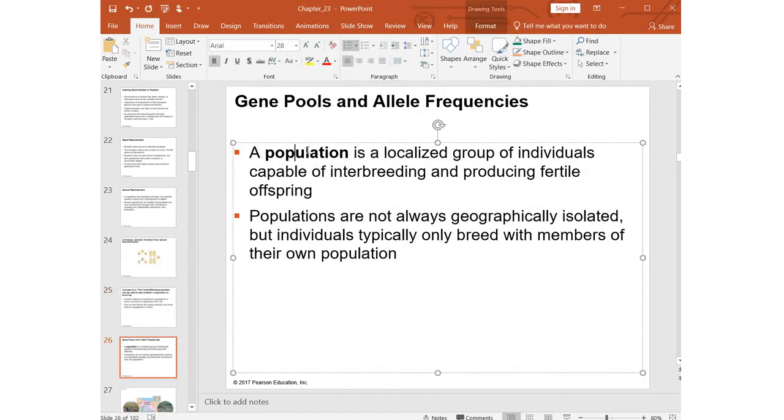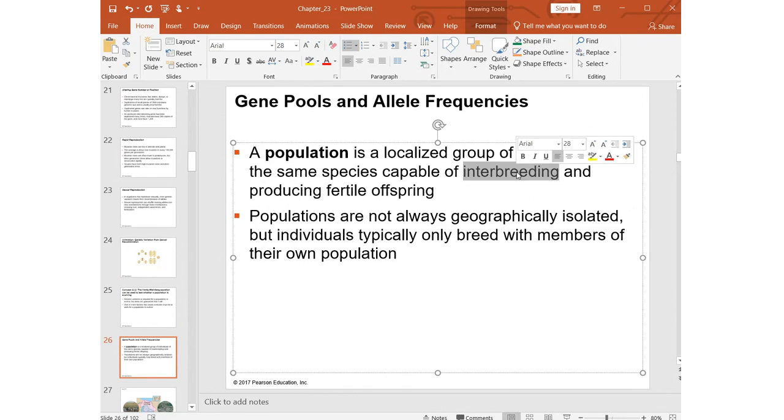Population. So we're defining a population. It's a localized group of individuals of the same species that are capable of interbreeding and producing fertile offspring. And of course, if they're of the same species, they are capable of interbreeding.